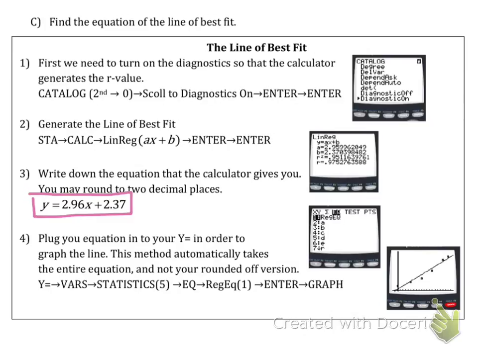So you go to y equals, then vars, statistics, which is number 5, then scroll over to equation, it's at the top. Then regular equation, you press Enter, and then finally graph. And then what you'll see is that it places this line of best fit into your y equals, and it graphs that on your scatter plot.